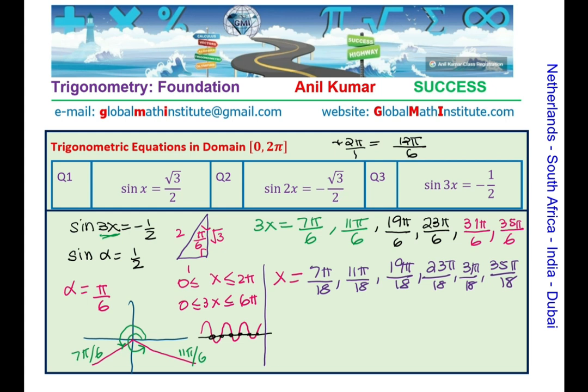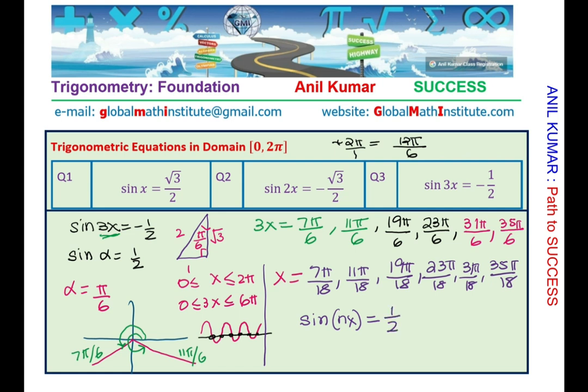So I hope you have understood finally how do we work with this, right? So in general, if we have sine nx equals to some constant, let's say half, right?